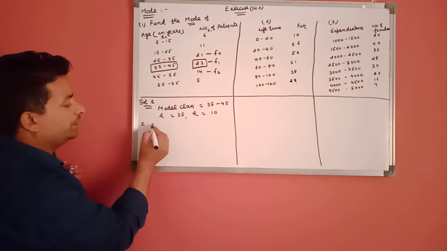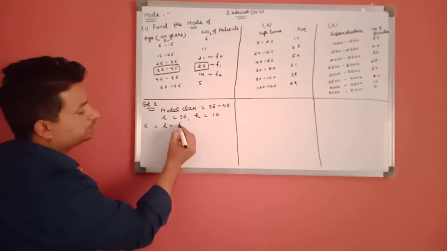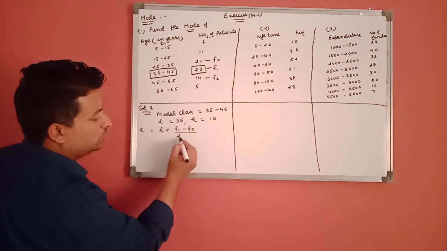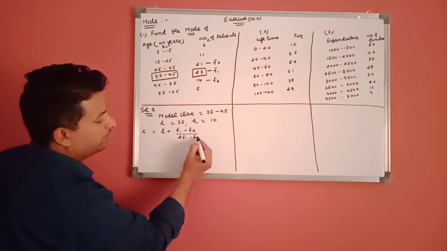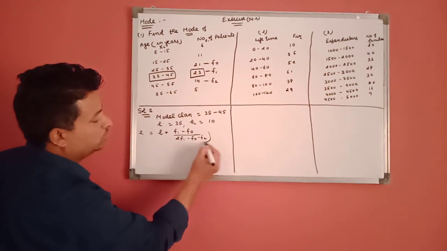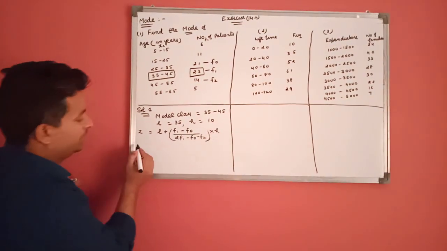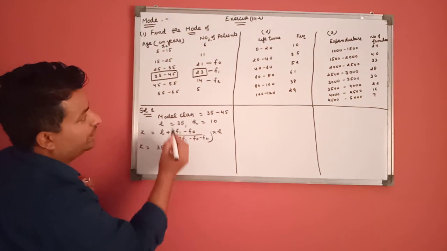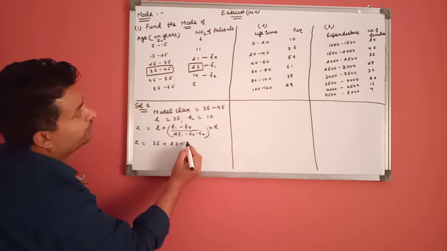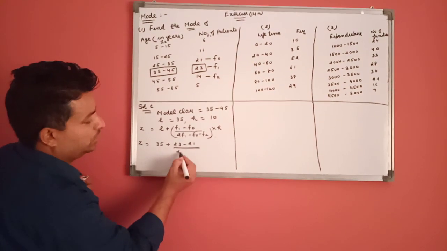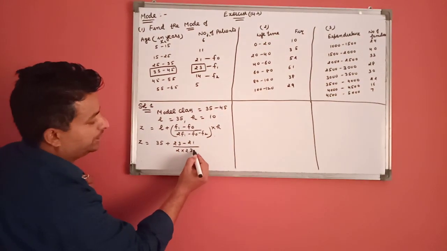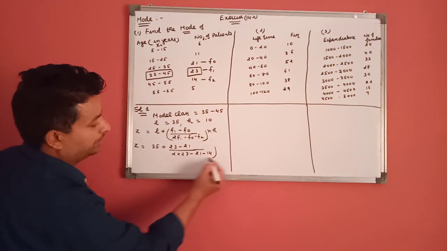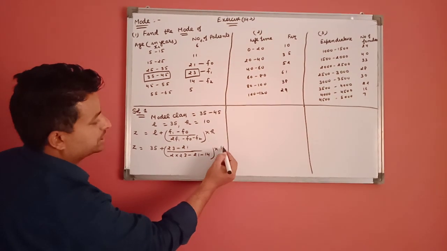We know mode is equal to L plus f1 minus f0 upon 2 f1 minus f0 minus f2, multiplied by h. When we put in the values, L is 35, f1 is 23, f0 is 21, f2 is 14, and h is 10.